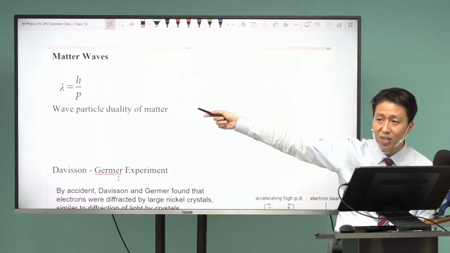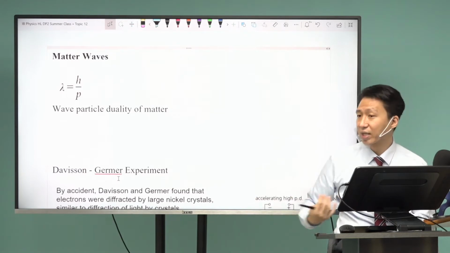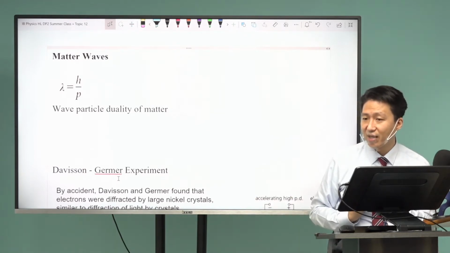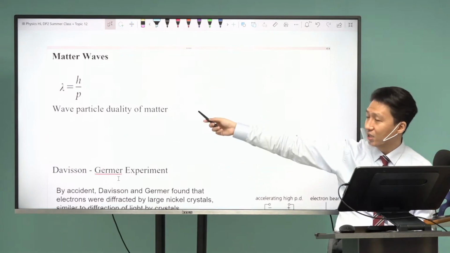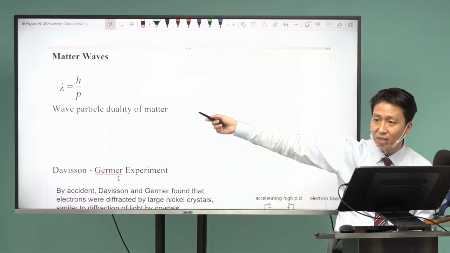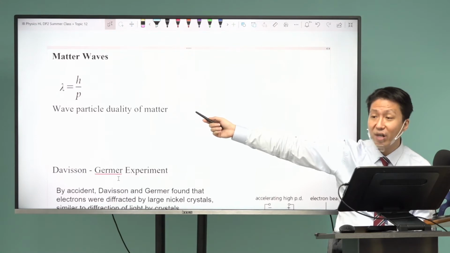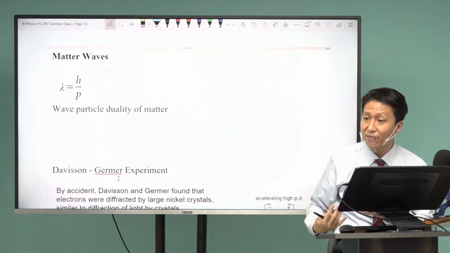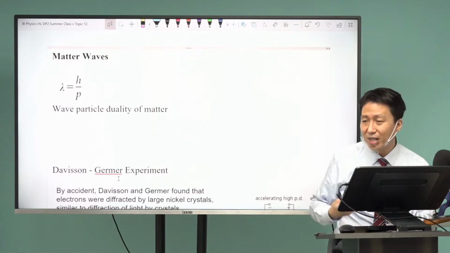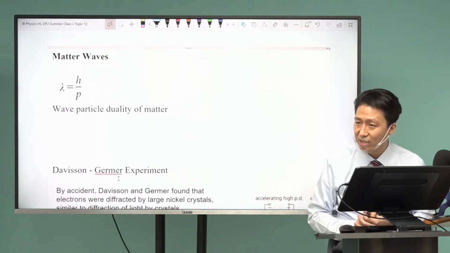So normally objects are too big because they have too much mass. If they have too much mass, the momentum is too big, and if momentum is too big, the wavelength is too small. In order to be able to measure something with a wavelength, you have to have a relatively large wavelength, that is measurable.